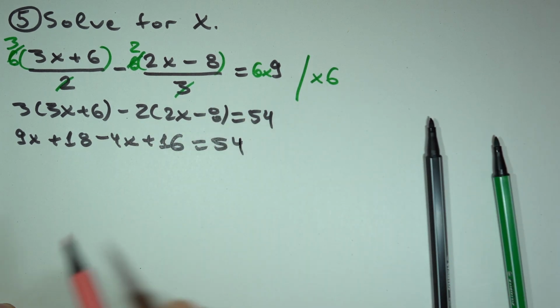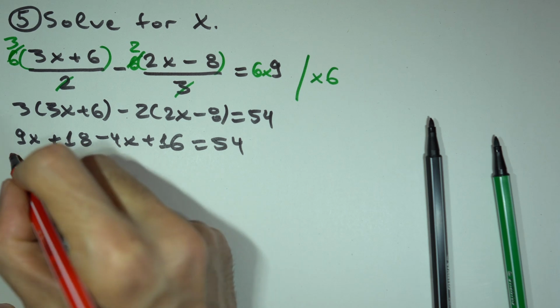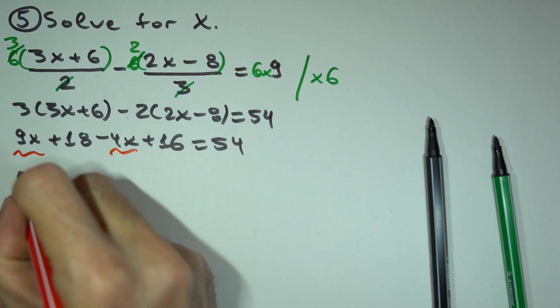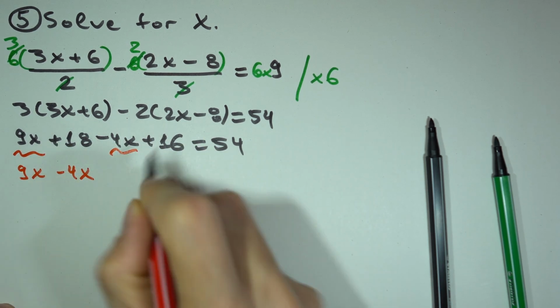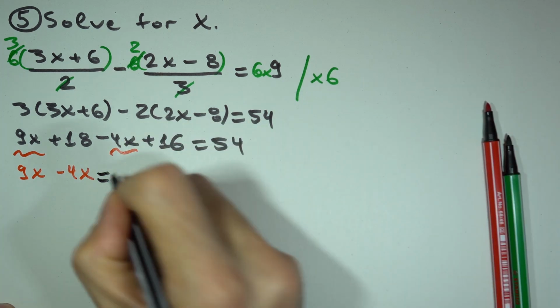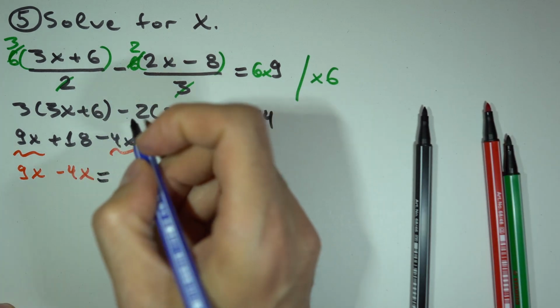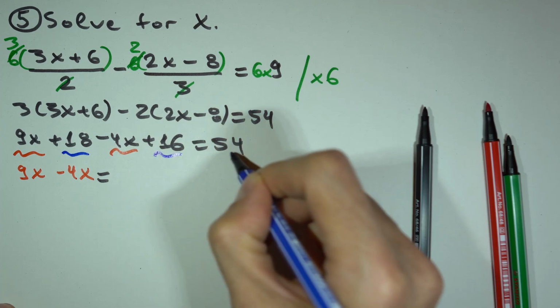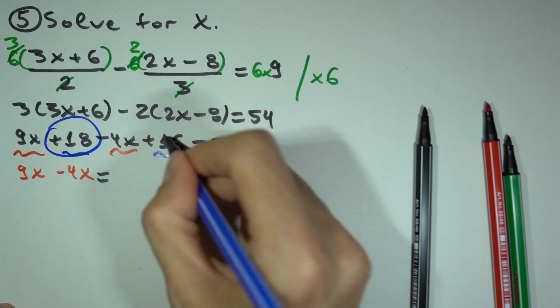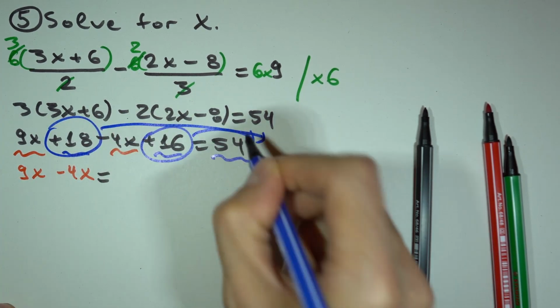Now we have to collect the unknown numbers on one side of the equation. We have 9x minus 4x. And this equals, now we have to collect the known numbers. We have plus 18, plus 16, and plus 54. And plus 18 and plus 16 have to go to the right-hand side of the equation.